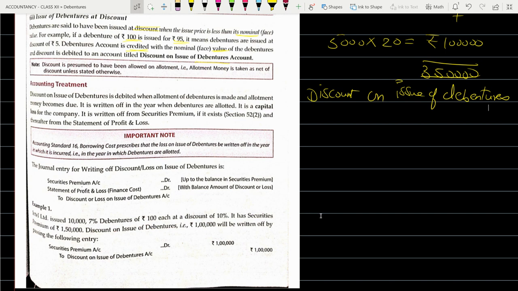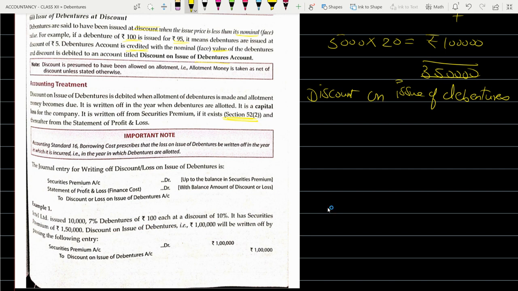If it is written off in the year when debentures are allotted, then it will show as per section 52 subsection 2, and thereafter from the statement of P&L, it will be shown in the statement of P&L. Okay, so here also the important section is section 52 subsection 2. This is an important section. Kindly make a note of it.